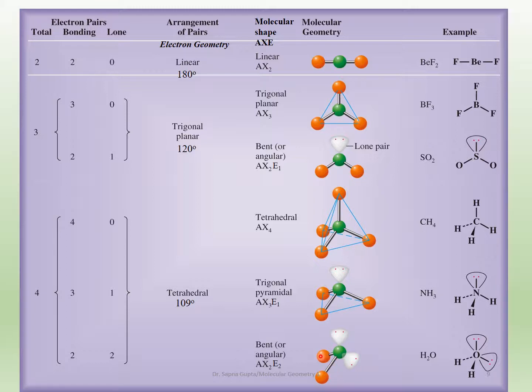The bond angle here should be 109, okay, because this is coming from tetrahedral, which means that of the two bent shapes that we have talked about so far, one bent coming from trigonal planar and one bent coming from tetrahedral, both of them will have different bond angles, okay, and that is what differentiates these two molecules, the bond angle. Otherwise they're both called bent, okay. So the shape is still bent, but remember the electron geometry is different, okay. One is trigonal planar, the other one is tetrahedral.